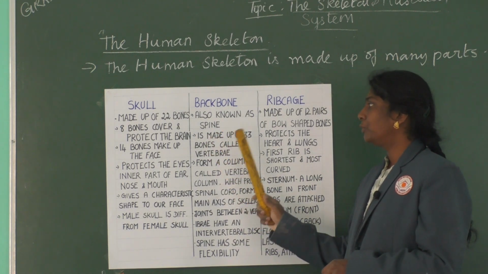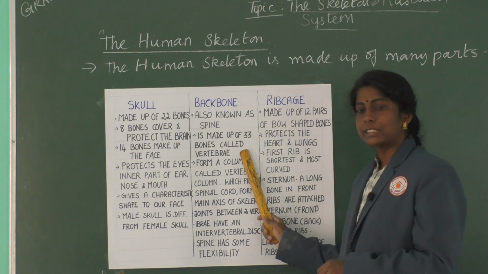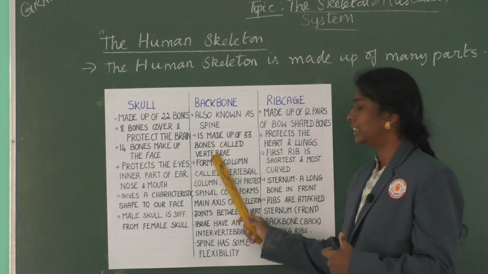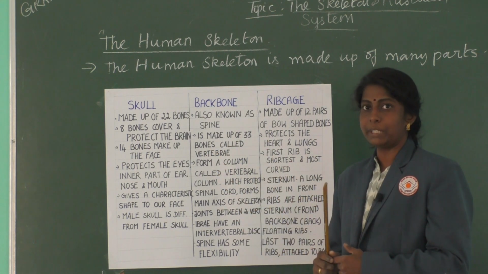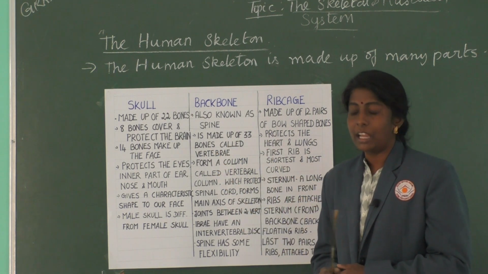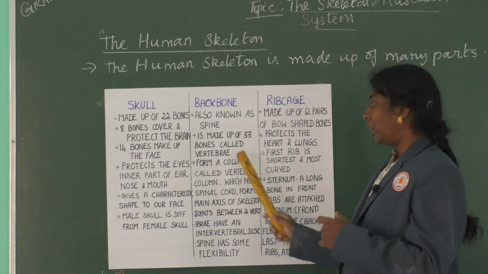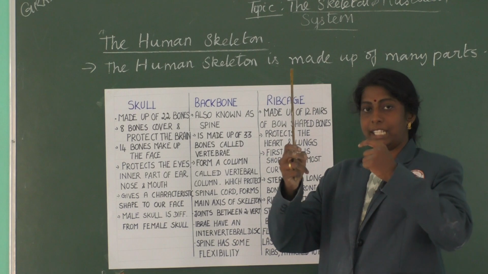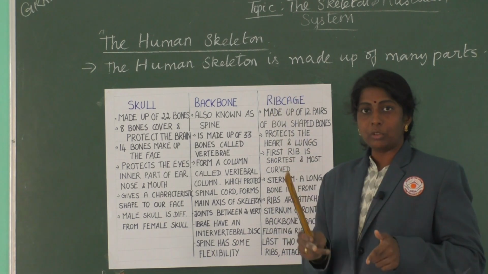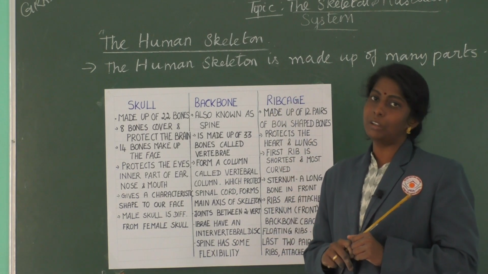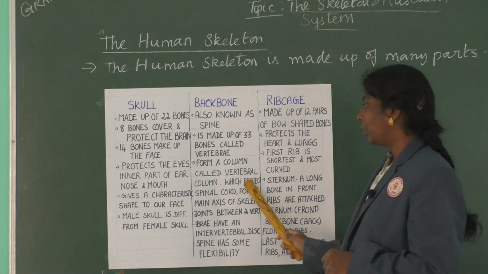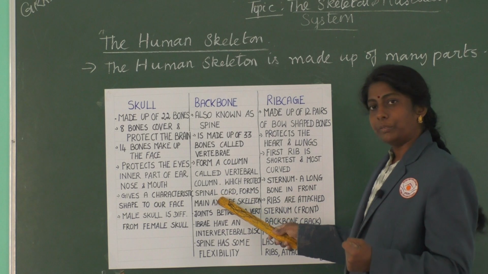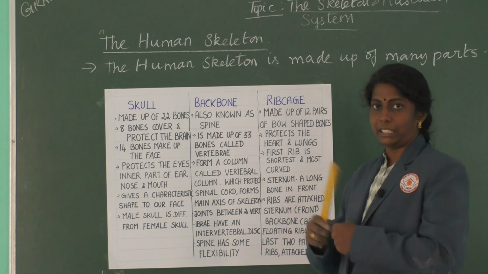It is made up of 33 bones, and those bones are called vertebrae. The vertebrae in the backbone are present together in a column, said to be the vertebral column, which protects the spinal cord.